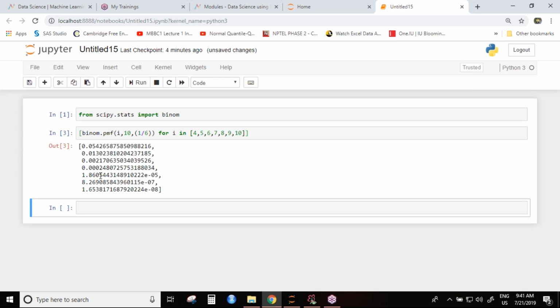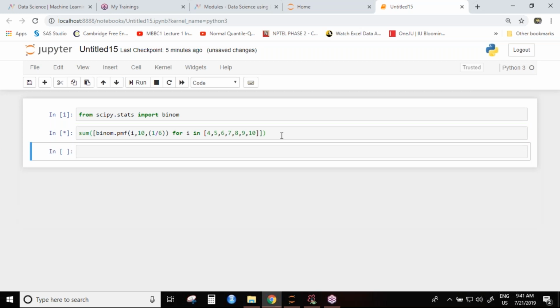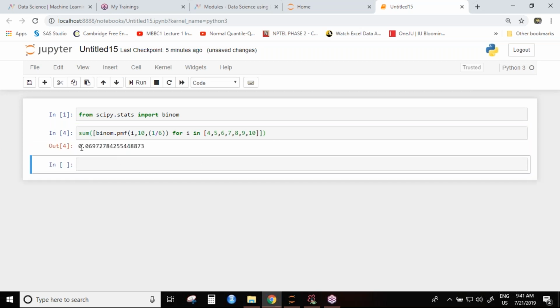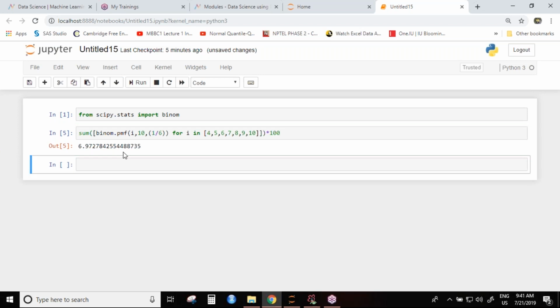If I run this, I'll get all the probabilities. I just take a sum of it, and this will give me the total area. The total area, as you see, is 6.9%. I can multiply it by 100 to get the percentage. So 6.9% is the answer.